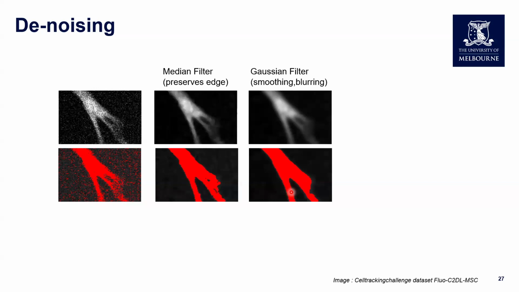An alternative option is to reduce the noise using image filters, such as a median filter or a Gaussian filter. These are the 2 commonly used filters, where the median filter preserves the edges better, and the Gaussian filter smooths out the shape of the object.